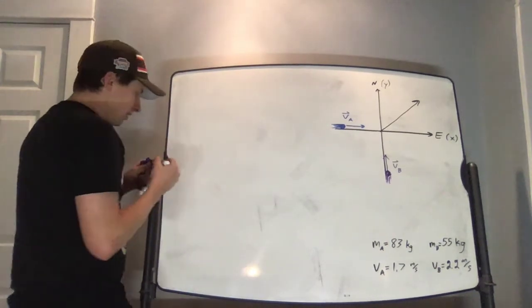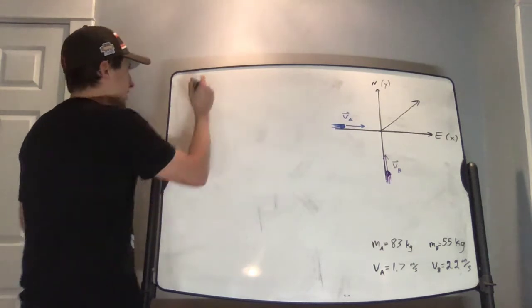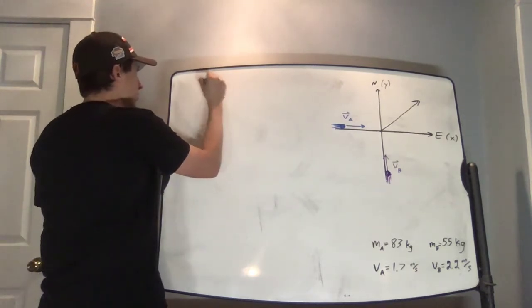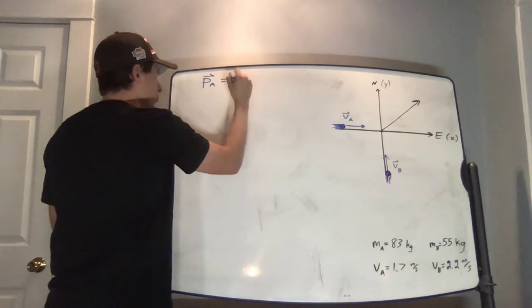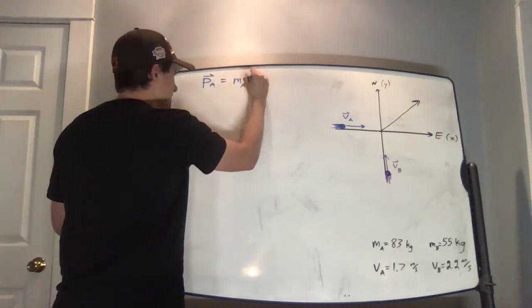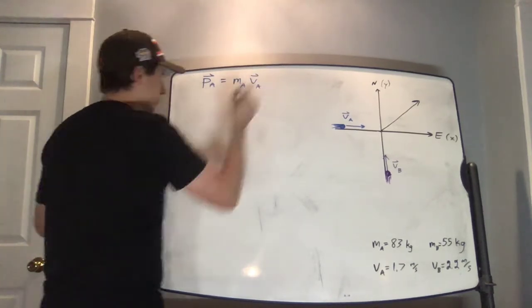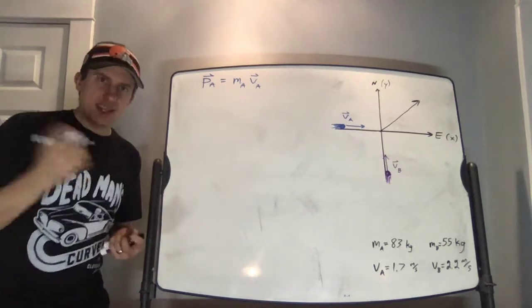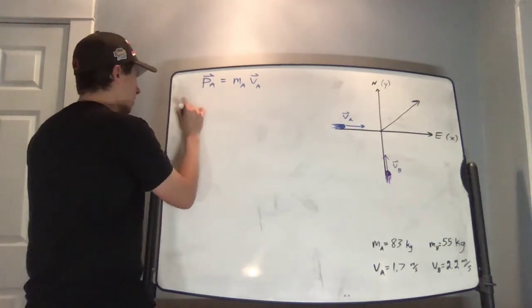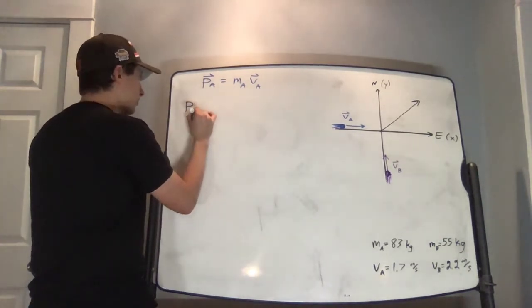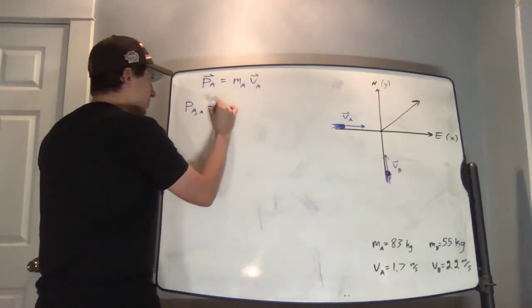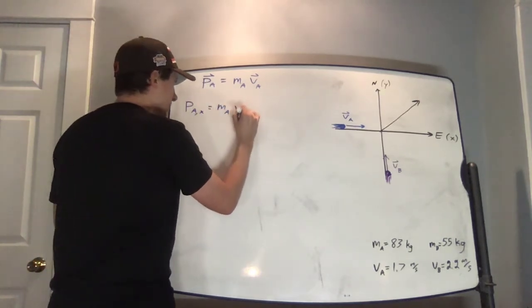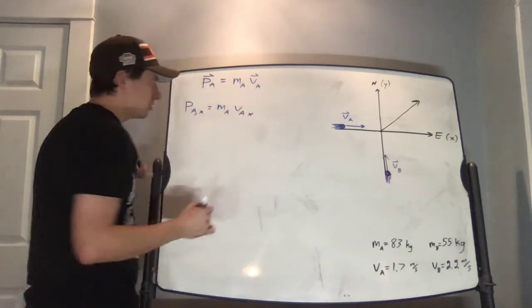So for the momentum of Alfred, I could say the momentum of Alfred is equal to the mass of Alfred times the velocity of Alfred. Now momentum, as I said, has components. So I could say the momentum of Alfred in the x direction will be the mass of Alfred times the velocity of Alfred in the x direction.